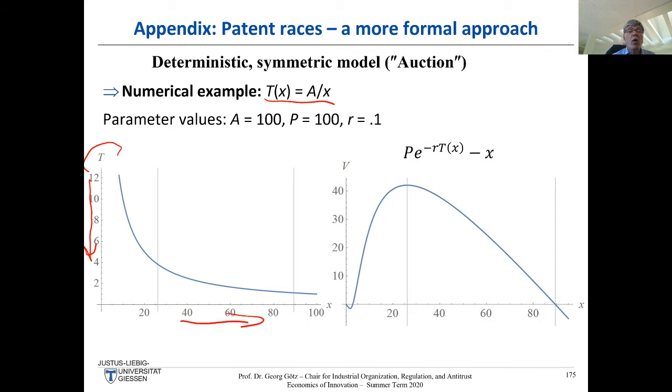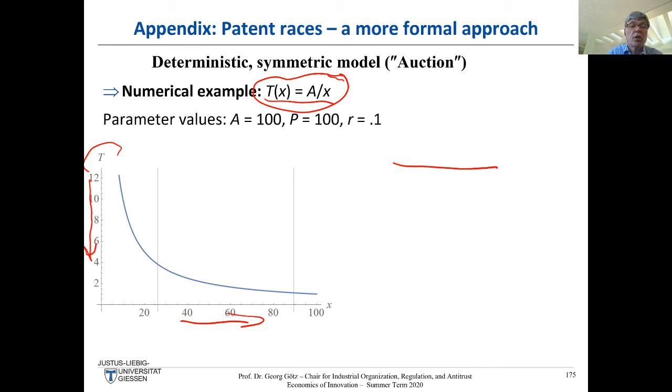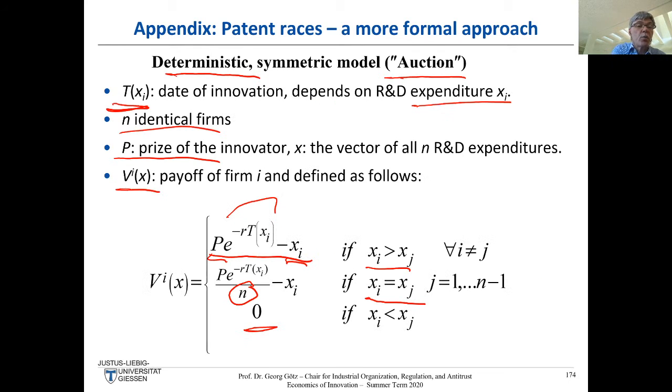Now, if only a single firm were to invest, its profit would look like this, depending on X. If a monopolist did that, because you have some R&D cost and the shape of this T function, you just get some optimum. V was just on the previous page, the value or the payoff of the firm.